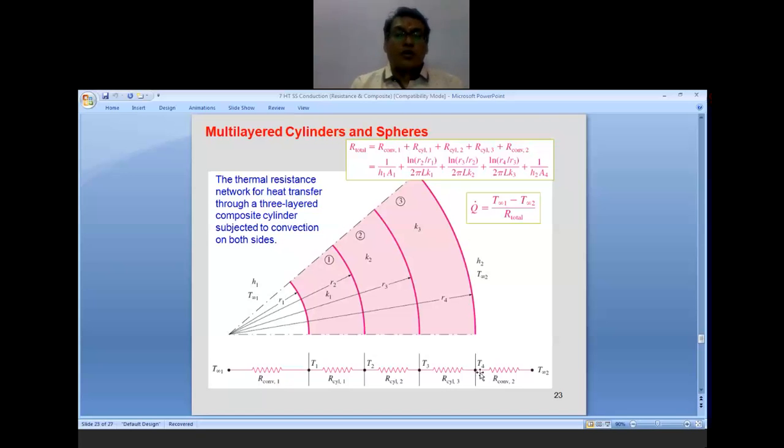But when you take T infinity 1 and T4, my resistances are R convective 1, R cylindrical 1, R cylindrical 2, R cylindrical 3. 4 resistances I have to take into account. However, if I take T infinity 2, I only have to take into account one resistance. Which resistance is it, convective or conductive, that is to be studied.